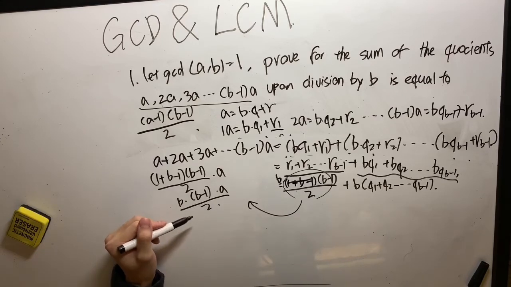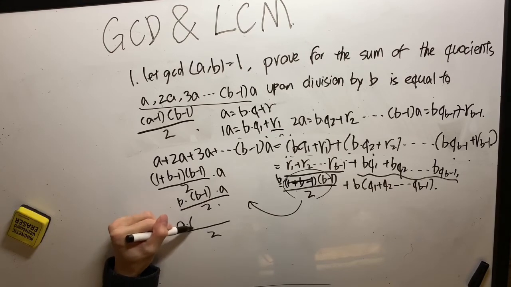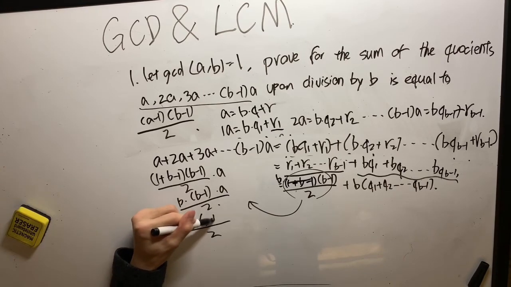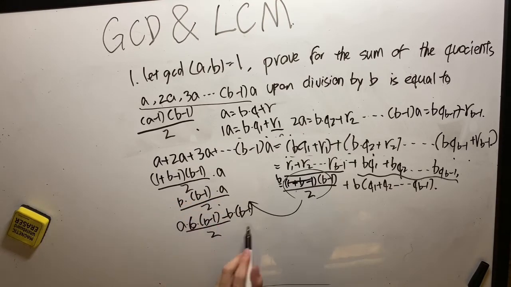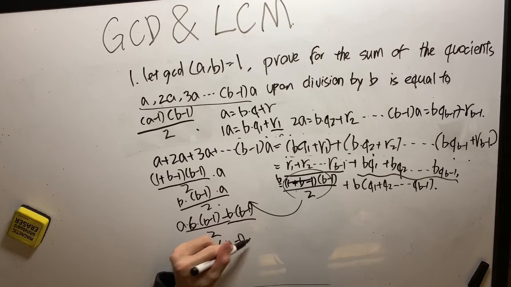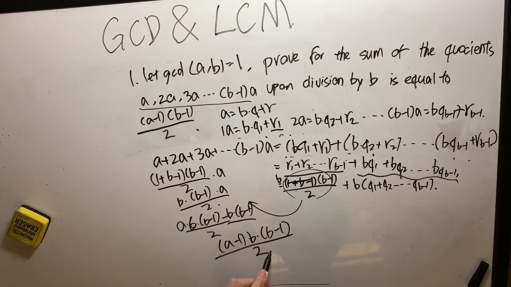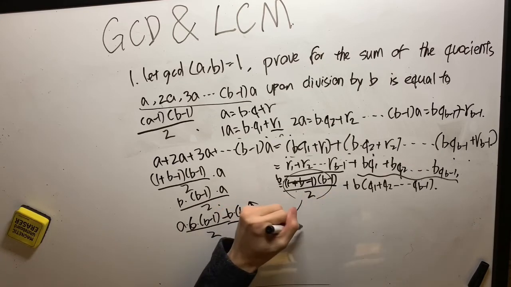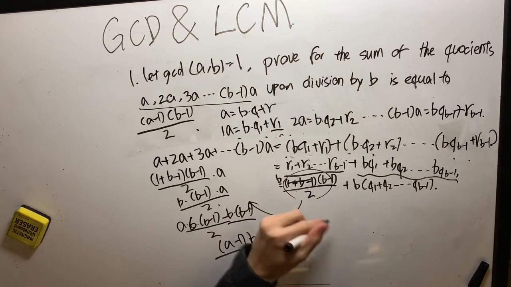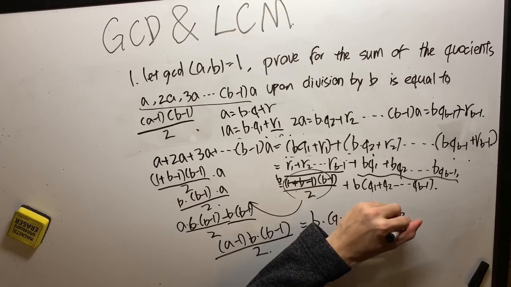So a times b times (b minus 1) over 2 minus b times (b minus 1) over 2 equals (a minus 1) times b times (b minus 1) over 2. And since we subtract this number from this side, we are left with b times (q1 plus q2 until q of b minus 1).